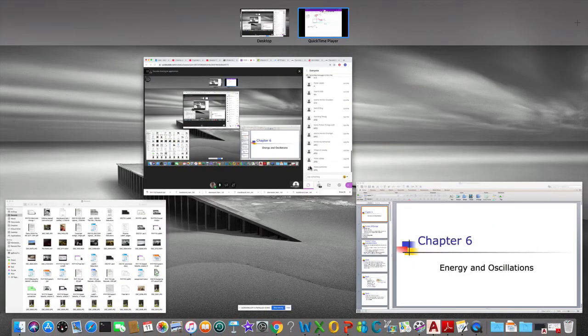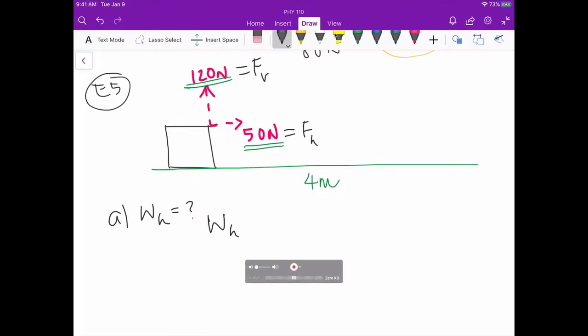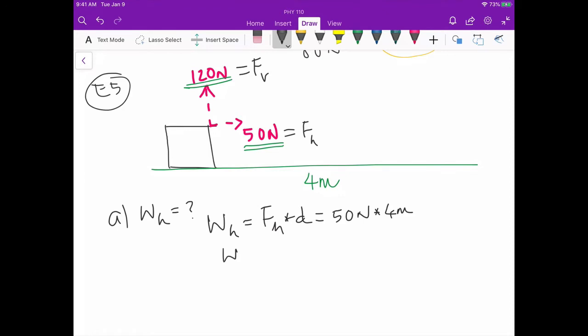The work done by the horizontal force is equal to force horizontal multiplied by the distance that you move the crate across the floor. The force is 50 Newton, the distance is 4 meters. So the work done by the horizontal force is 200 joules. Excellent, got it right.